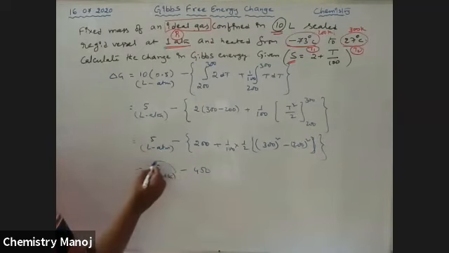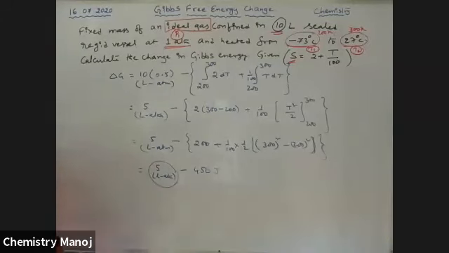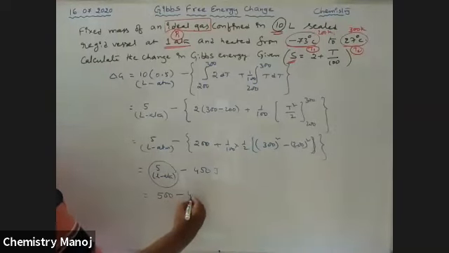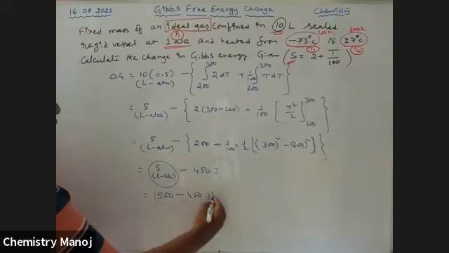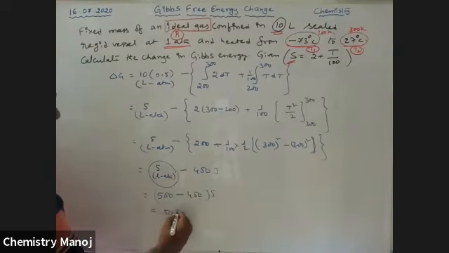It is in liter atmosphere, but it should be in joules. So 1 liter atmosphere is equal to 100 joules. Therefore, it is 500 joules minus 450 joules, which is equal to 50 joules.